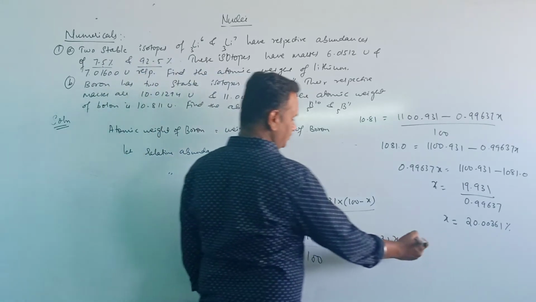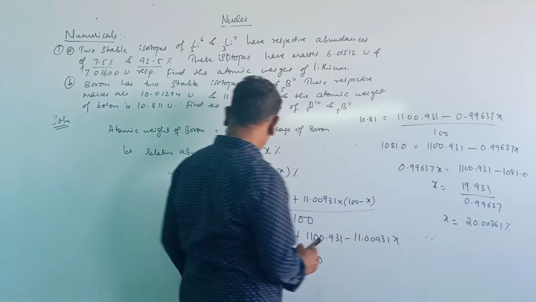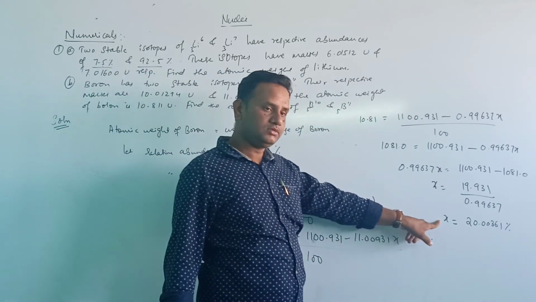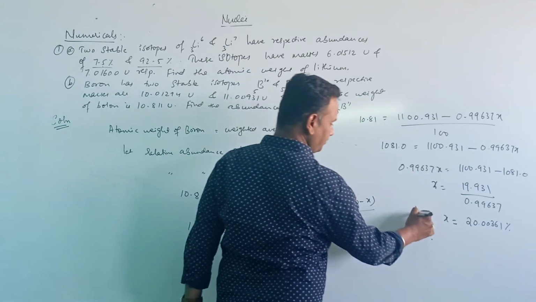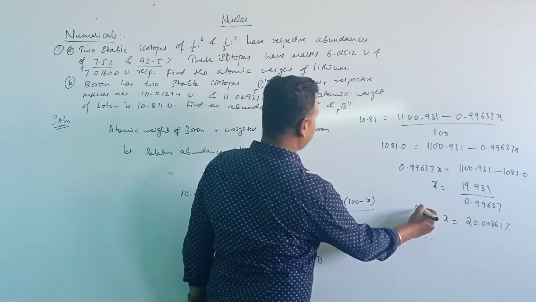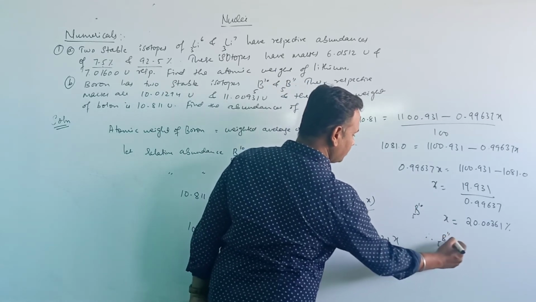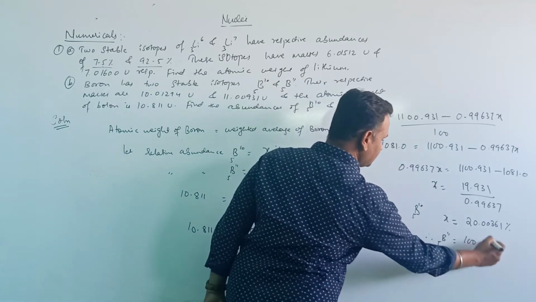So this is the relative abundance of boron 10.5. For boron 11.5, it will be 100 minus this x.